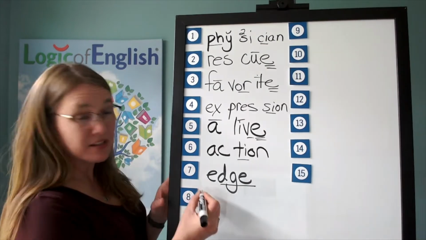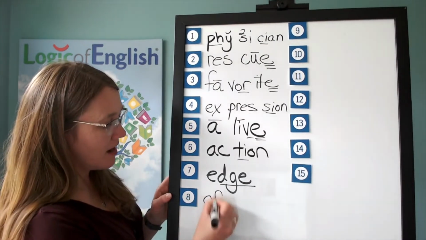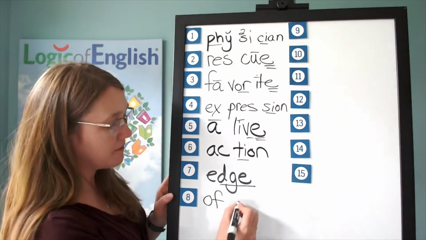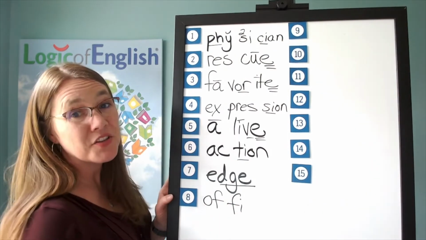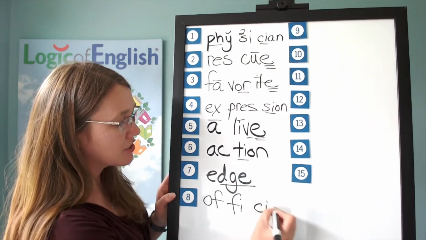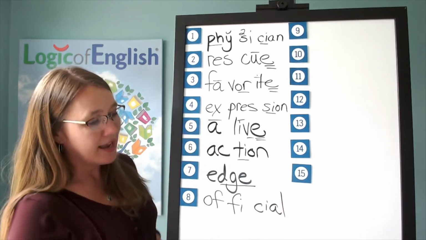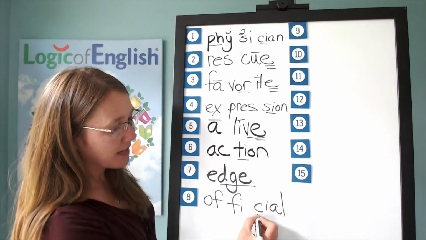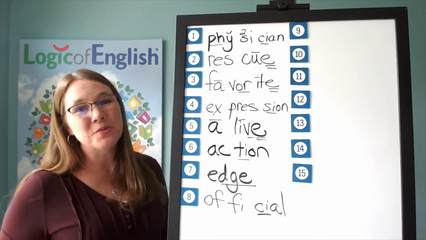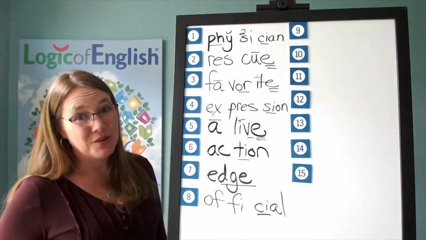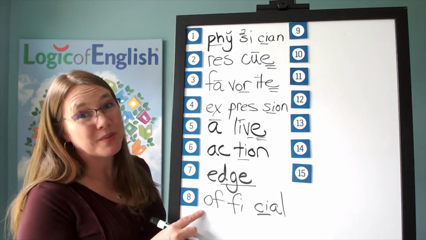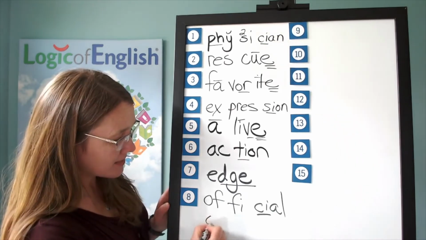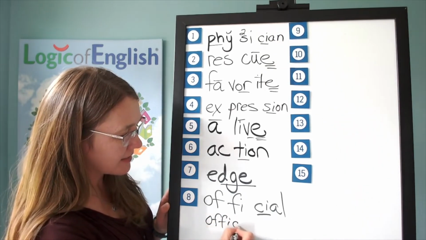Excellent. And help me to write it. The first syllable is off. The second syllable is fi. I. The third syllable is shall. Sh. A. O. And how will we mark it? We'll underline the sh. Why did we use that spelling of sh? Which word is official based off of? It's based off of the word office.